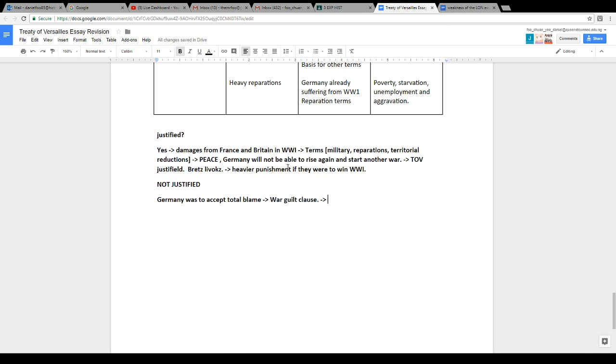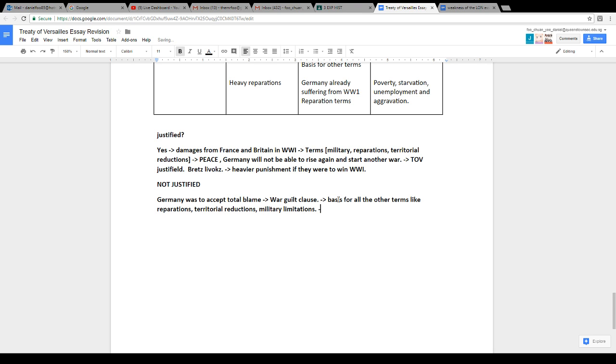So it's not fair because Germany has to accept total blame in signing the war guilt clause, and the war guilt clause gave them the basis for all the other terms like the reparations, the territorial reductions, the military limitations.